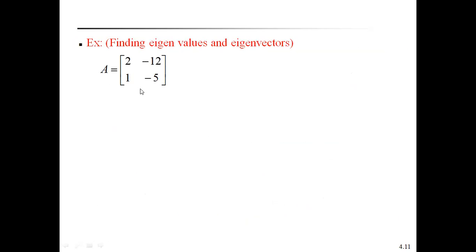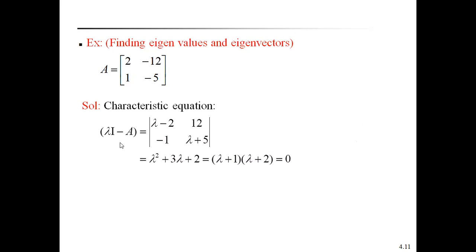Now to solve an example problem, finding the eigenvalues and eigenvectors. A is equal to [2, minus 12; 1, minus 5]. What is the characteristic equation? Det of (lambda I minus A), or A minus lambda I, whatever it is.